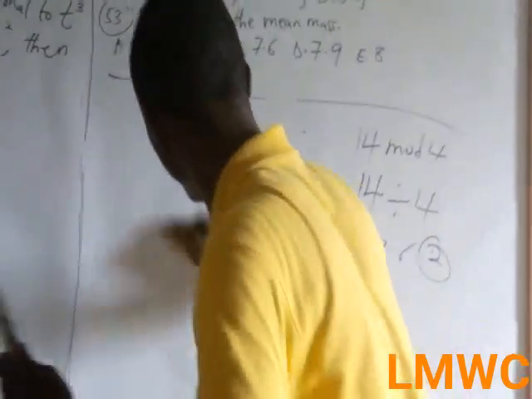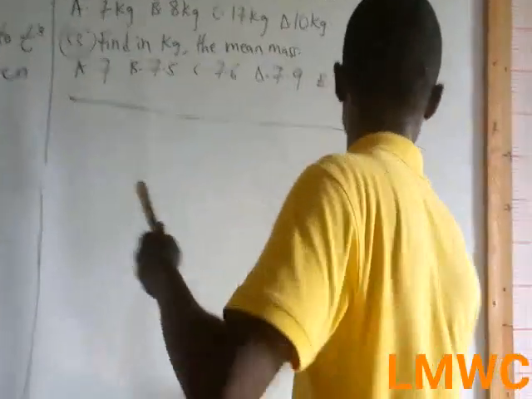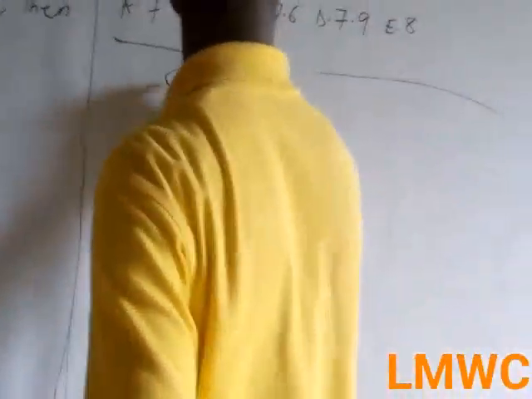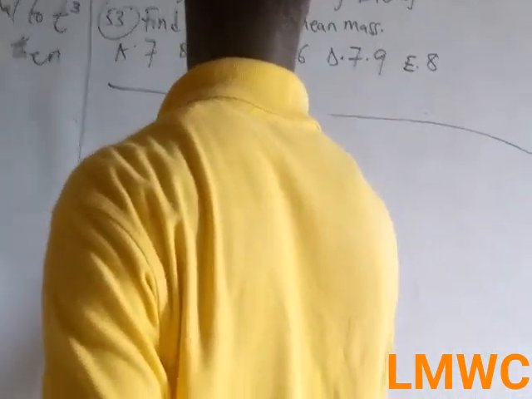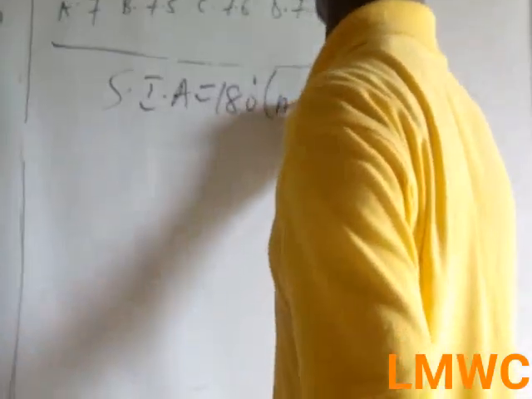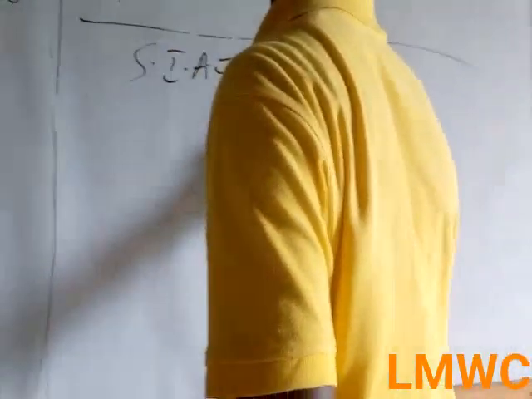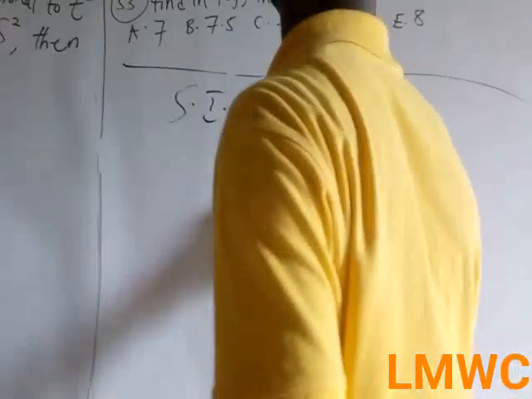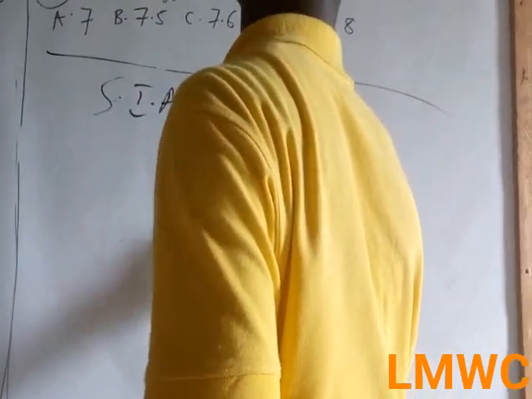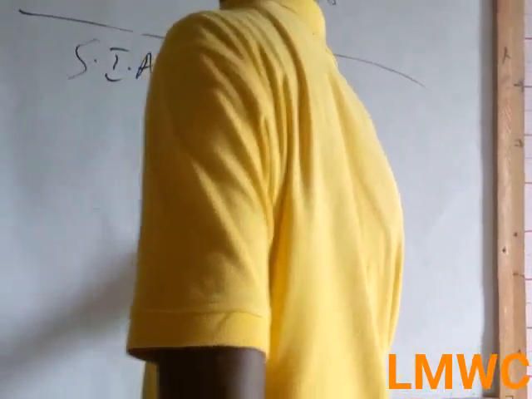Now this is a pentagon, and the sum of interior angles formula is 180 into bracket n minus 2. What is n? n is 5. So 5 minus 2, times 180, we get 540 degrees.